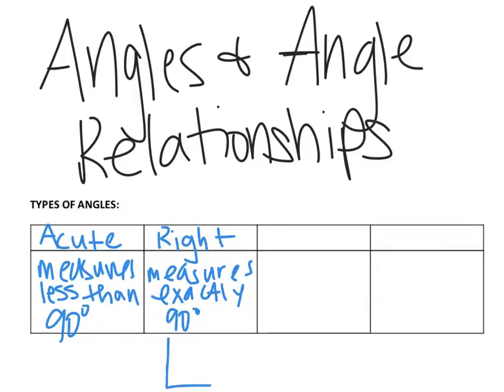Those are those angles where if you have what looks like an L and you see this little box here, that tells you that that's a 90 degree or a right angle.